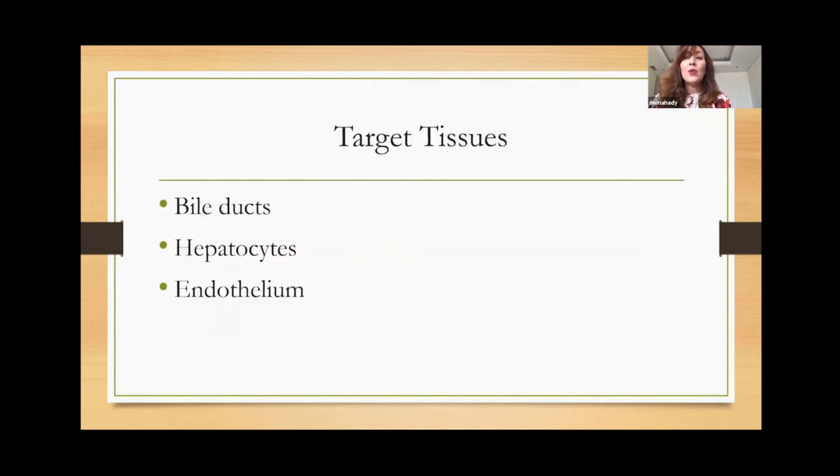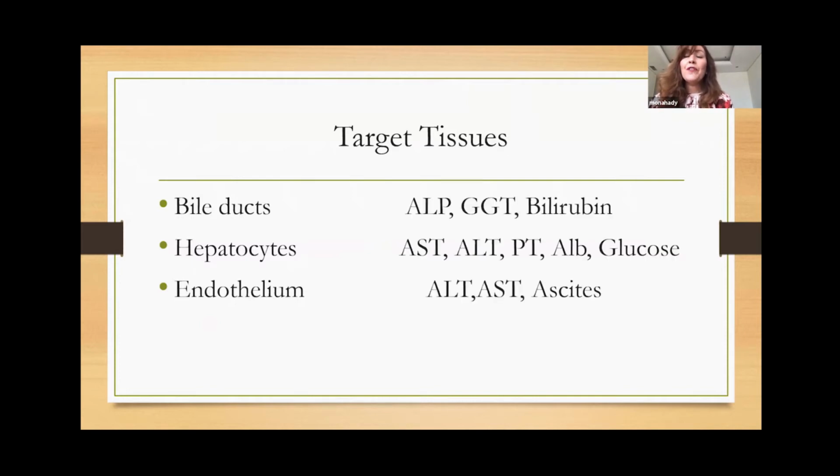The target tissues in the liver that will be affected in any disease are the bile ducts, hepatocytes, and endothelium. The blood tests will reflect that. For example, if the bile ducts are the major site of injury, we will find high bilirubin, high gamma-GT, and alkaline phosphatase.